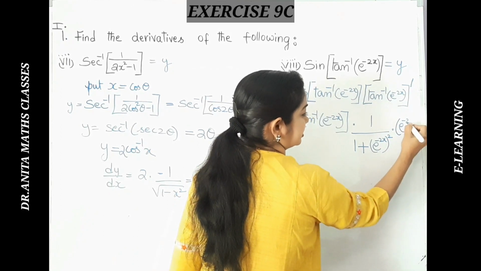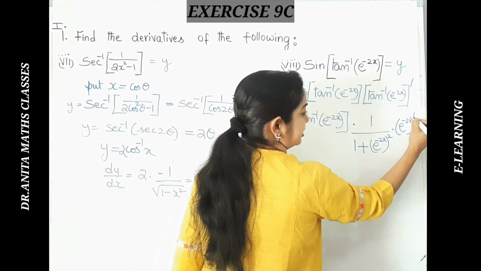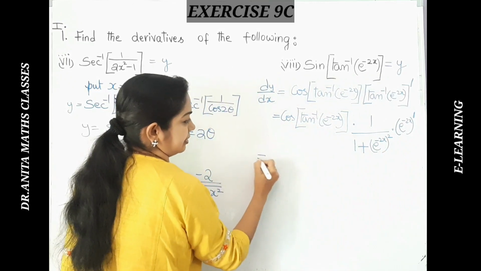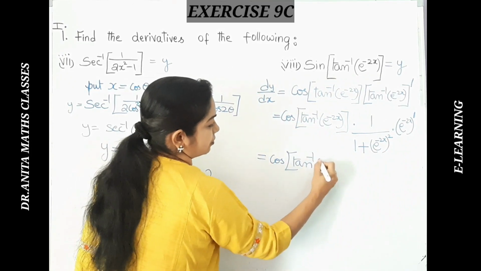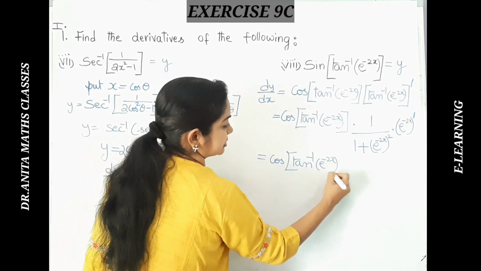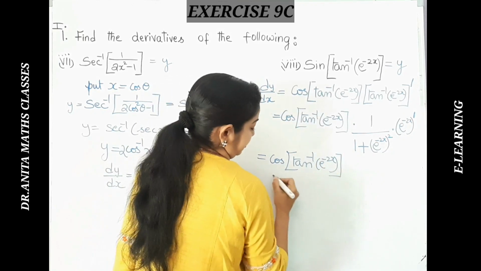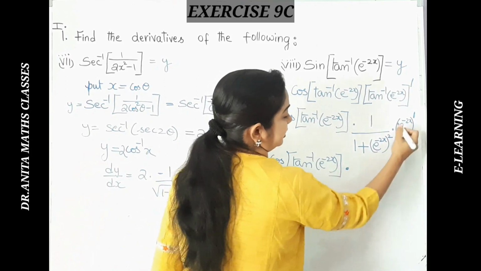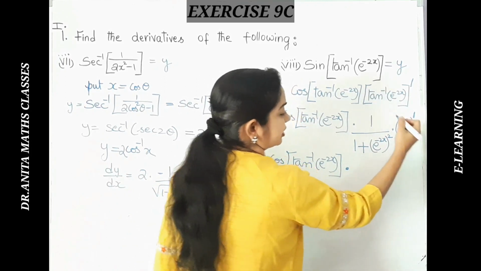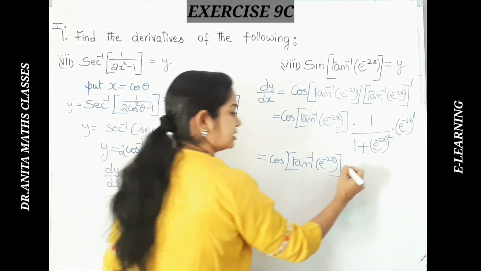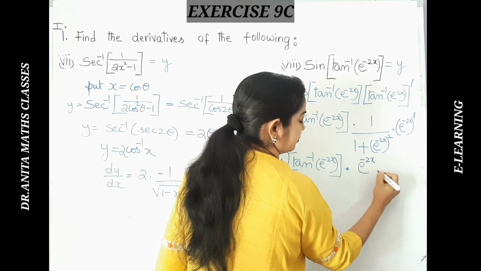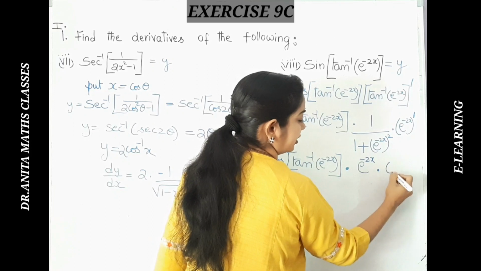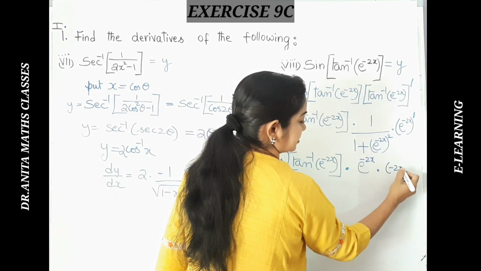Multiplied by the derivative of the e function: e to the power of any function is just e to the power of that function, but here there is no plain x, so we have to do again the derivative of the power.